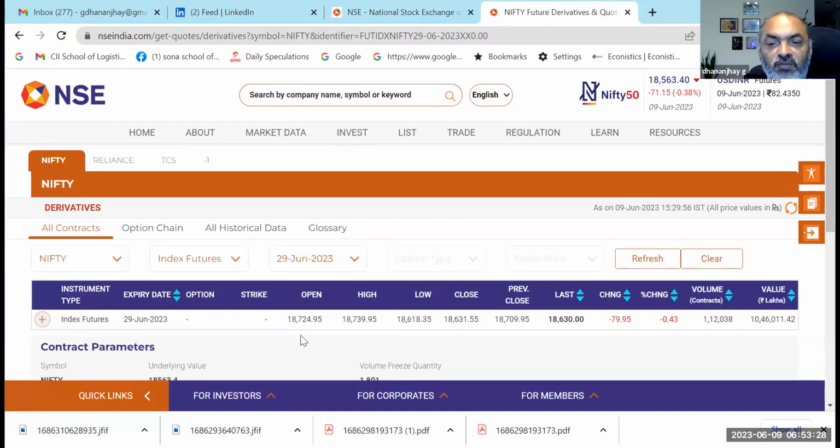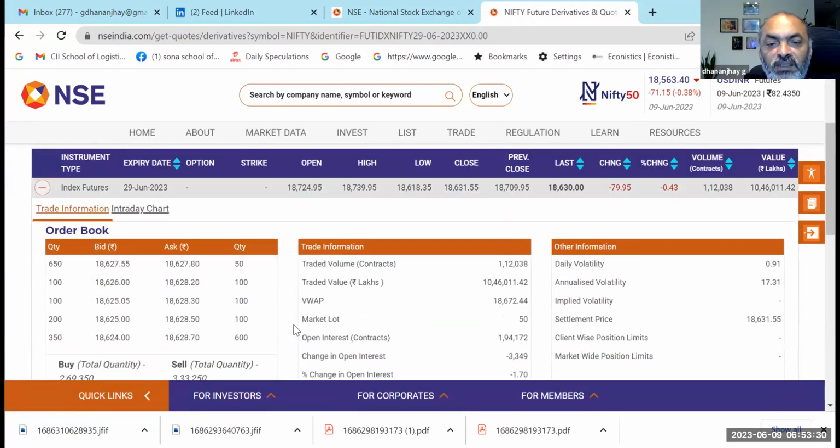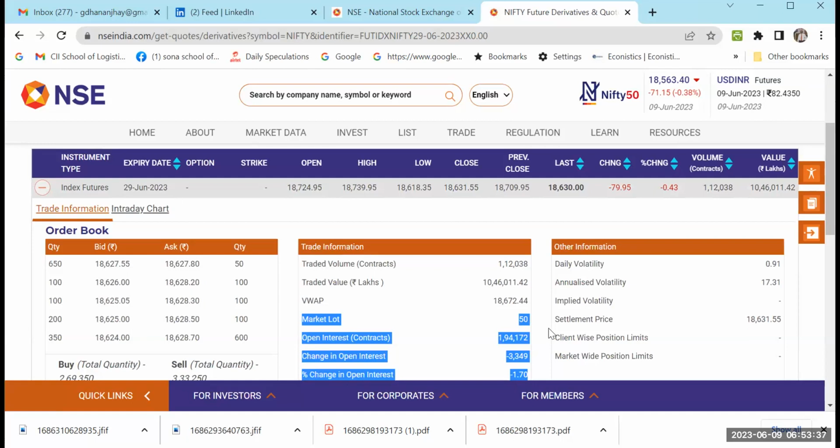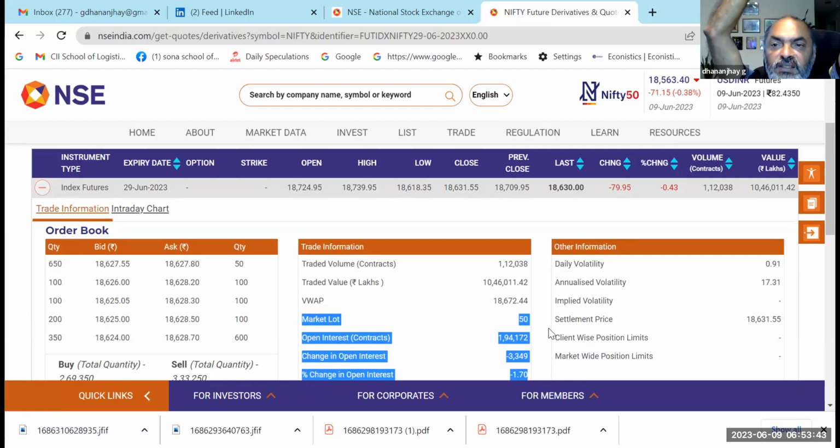Suppose I go to Nifty. Nifty, what is the lot size? 50. So they will have some benchmark of around 5 lakhs, 6 lakhs, and then adjust depending upon the value.